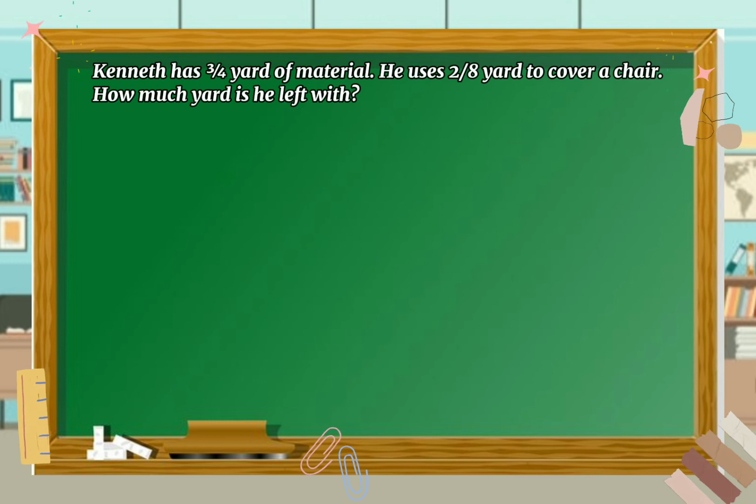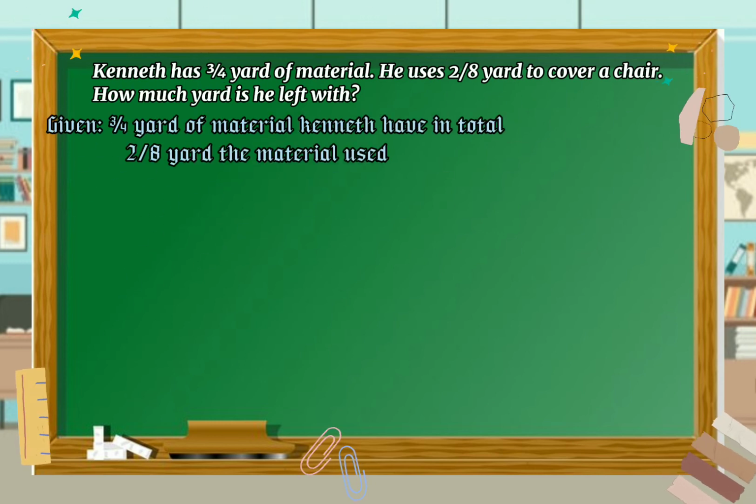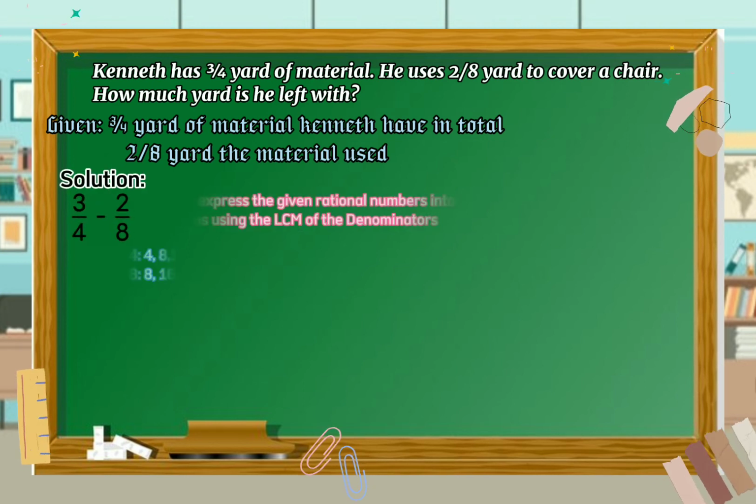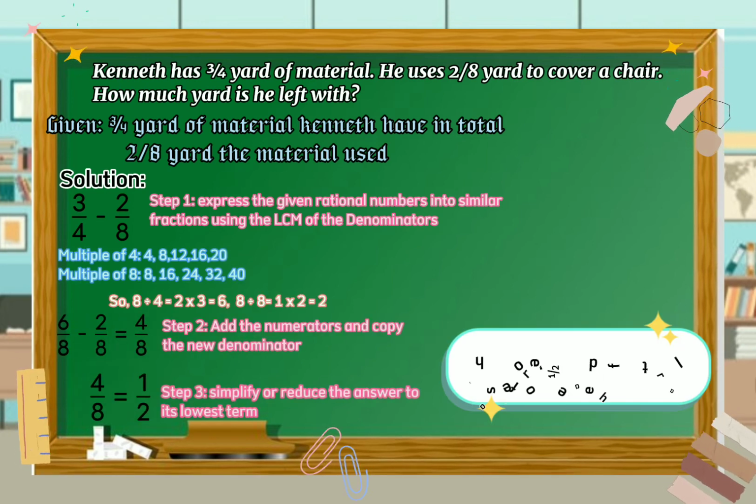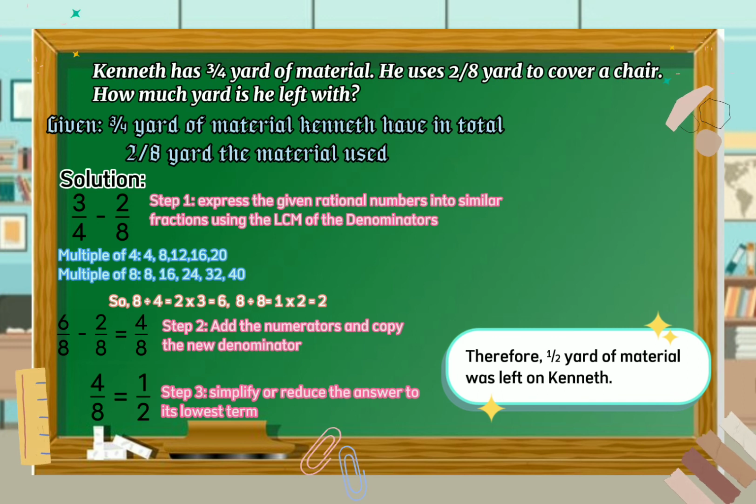From the problem, 3/4 yard of the material Kenneth has, but he uses 2/8 of it to cover the chair. So, how much yard is he left with? Through following the steps in case 2, we can obtain 1/2 as its answer. Therefore, 1/2 yard of material was left with Kenneth.